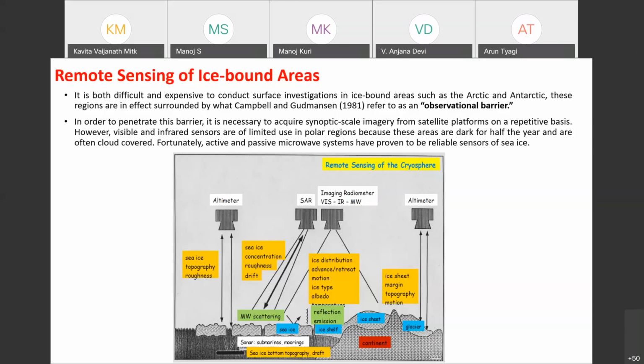We usually derive sea ice concentrations, roughness and drift from the SAR images. Then we have the altimeter, from which we derive the topography, motion and elevation change, and sea ice topography roughness, etc. So this is the overview of the parameters that we can derive from the different remote sensing, or microwave, systems.